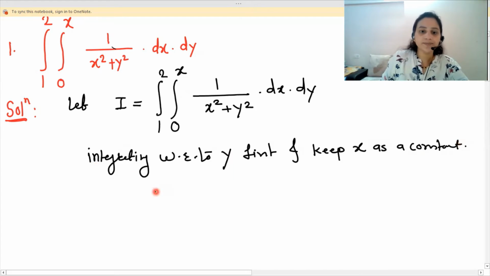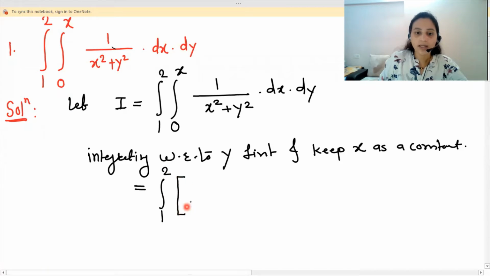So let's start. Next step, integration, outer limits as it is, 1 to 2. Now as I'm going to integrate with respect to y first, let me put a bracket here, so that it will be easy to understand.